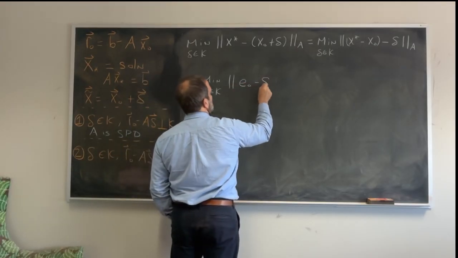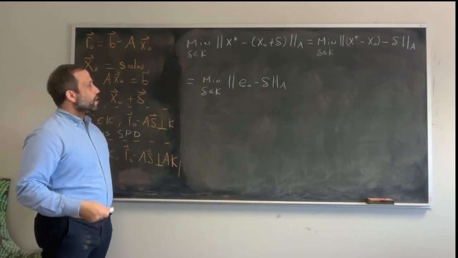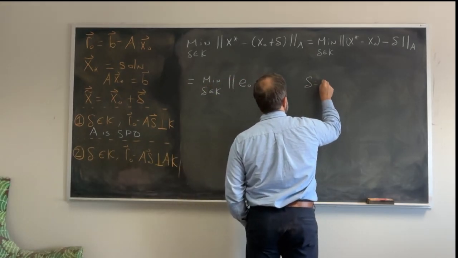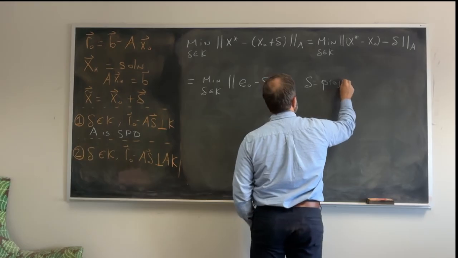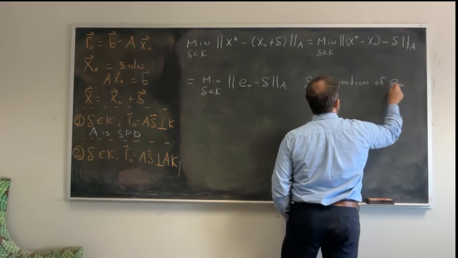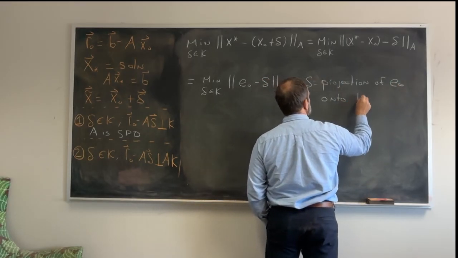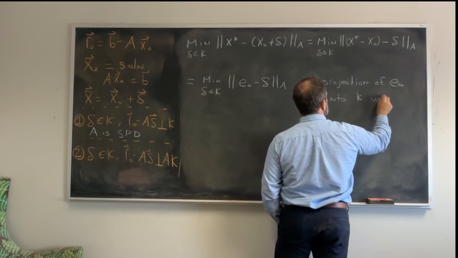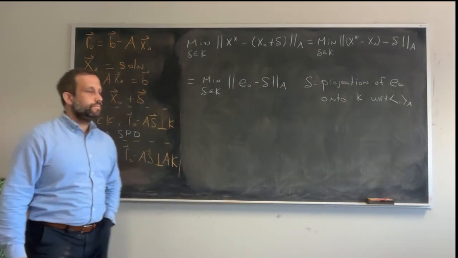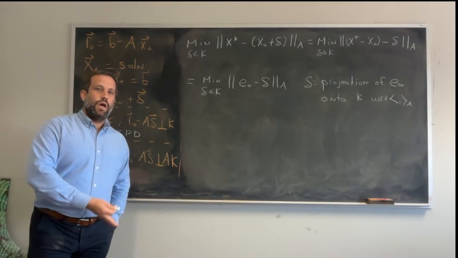So we minimize E0 minus delta, in the A norm. What this means is delta is equal to the projection of E naught onto the subspace K with respect to the A inner product.